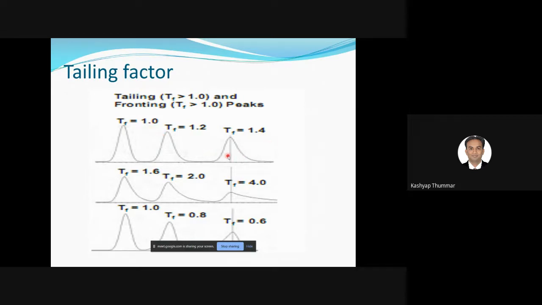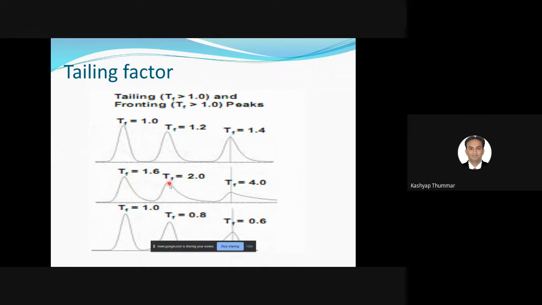This part is A, this is B. So B divided by A gives 1.4, and then you can call it peak tailing.